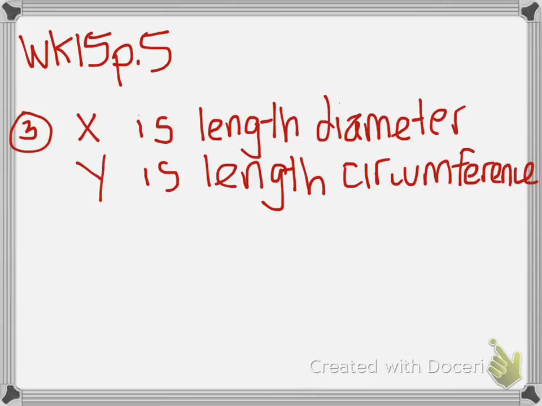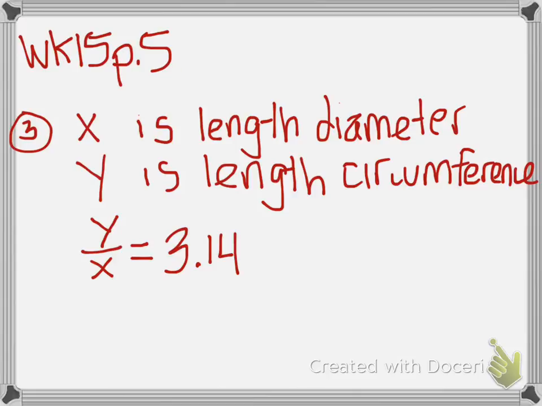So what we end up having is, we said, well, y, which is your circumference, divided by your diameter, always equaled something. It always equaled 3.14. That's the type of relationship that we're looking at on problem number 3.